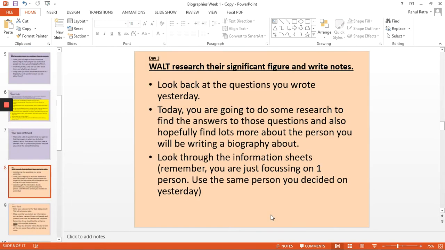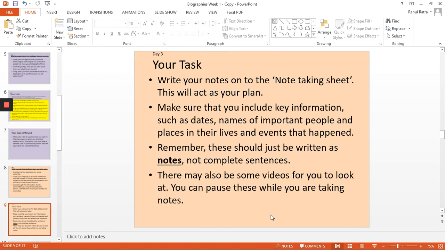Right, on day three, you're going to look back at those questions from yesterday, and you're going to start your research to find answers to those questions. Now, we are going to provide you a lot of information sheets on different famous people, but make sure you choose only one person. You will also be given a note-taking sheet, so you can write your notes onto it.